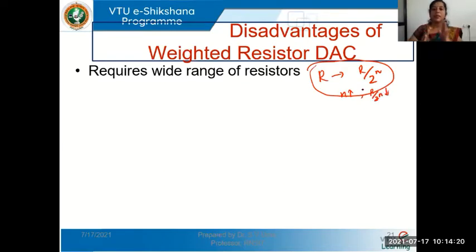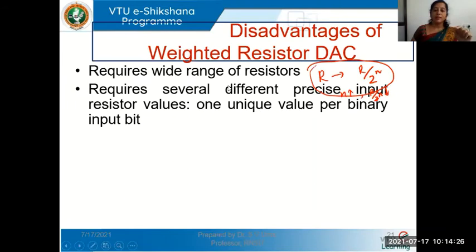So remember, we need a huge range of resistors, which is quite difficult to obtain. And it requires several different precise input resistor values, especially one unique value per binary input bit. So all the resistors which we connect should be very precise and unique, following the ratio.